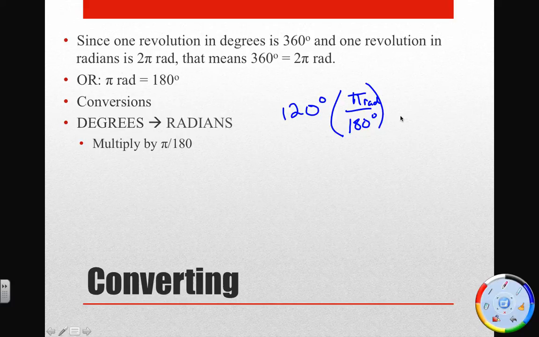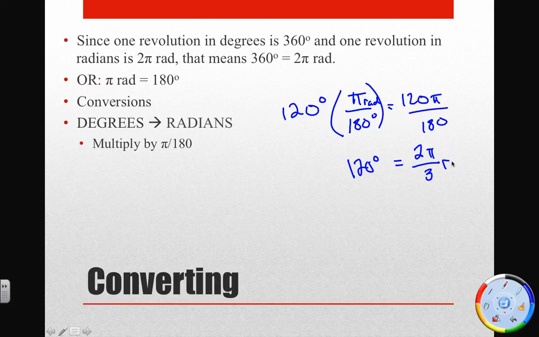Don't multiply this in your calculator, because a lot of these numbers are going to come out and simplify nicely. So I get 120 pi over 180. If you were to reduce this, this becomes 2 pi over 3. So that means 120 degrees is equal to 2 pi thirds radians.